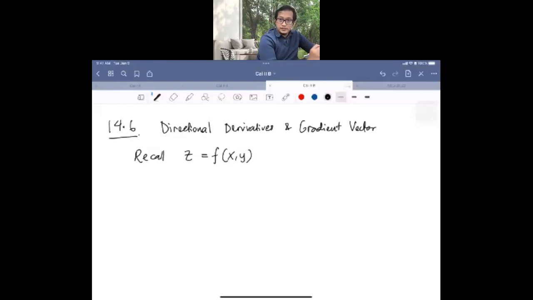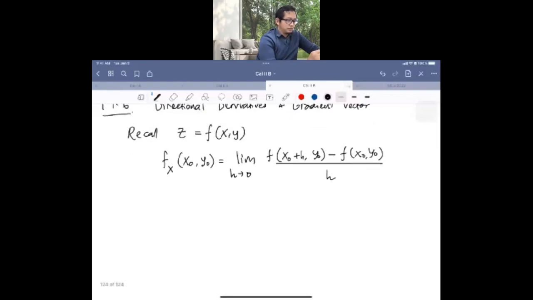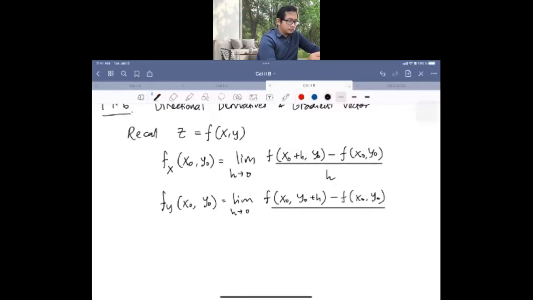First, we already defined in the limit definitions that we have partial x at x0, y0, and partial y, each as a limit, divided by h.